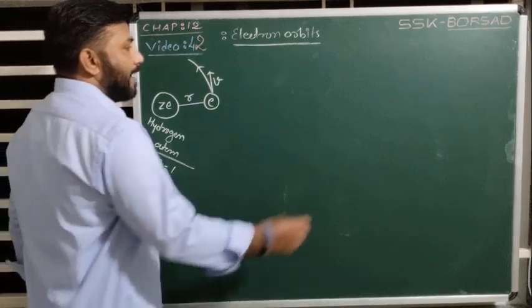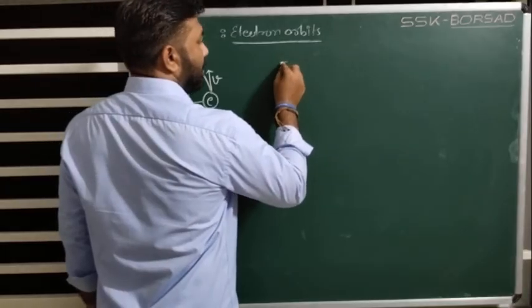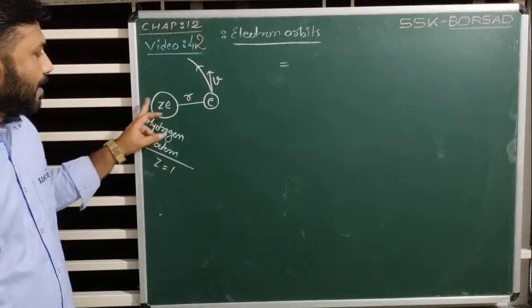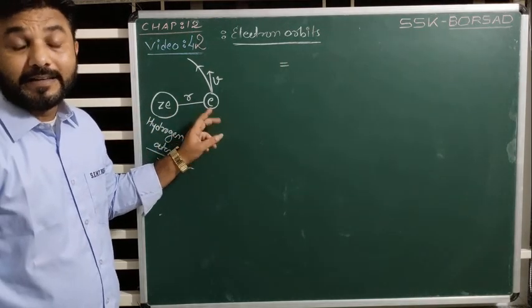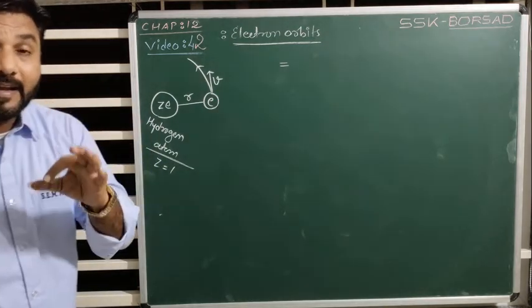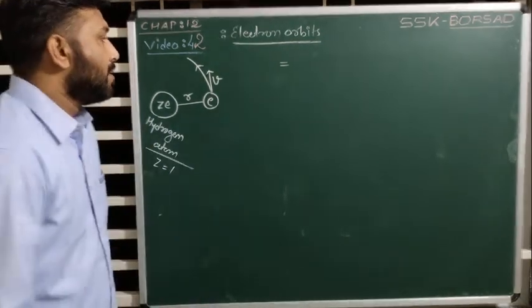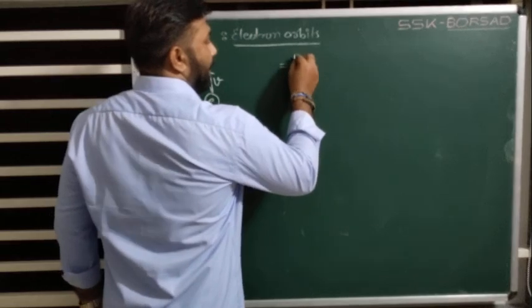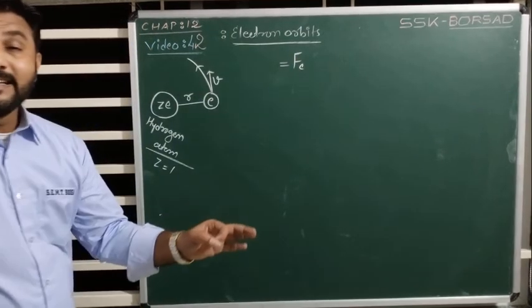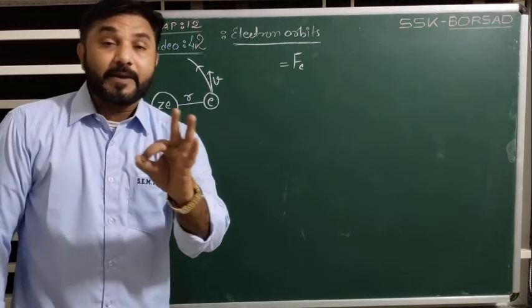So there is a force between the nucleus and the charge, that is the Coulombian force, or you can say it is the electrical force. So that electrical force Fe is the same as the centripetal force.